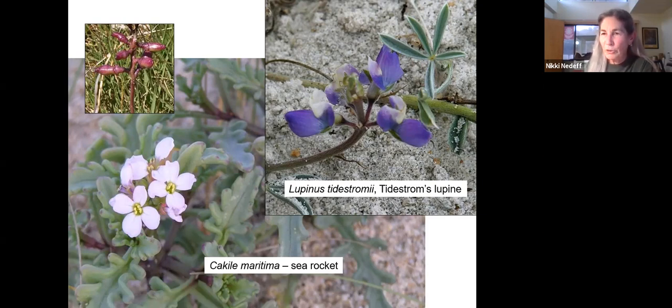When the plant is mature and the seeds are ready to be dispersed, this outer part, where'd it go? There we go. This outer part that's light and hollow, filled with seeds, detaches and is launched to be carried by the wind or the tides to somewhere far away from the mother plant. That's a mechanism of dispersal.